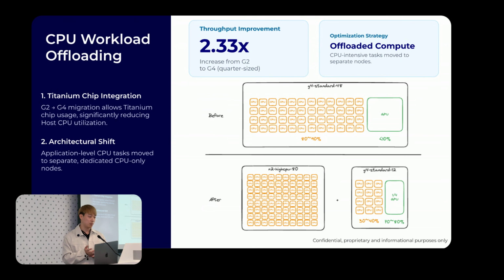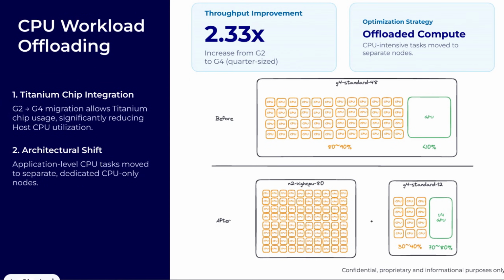We did a few optimizations to offload the CPU. The first is just upgrading from G2 to G4, which has a Titanium chip integrated. The Titanium chip does the network I/O and storage I/O outside the host CPU chip, so it reduces CPU utilization on the host. That optimization comes naturally with just using G4.